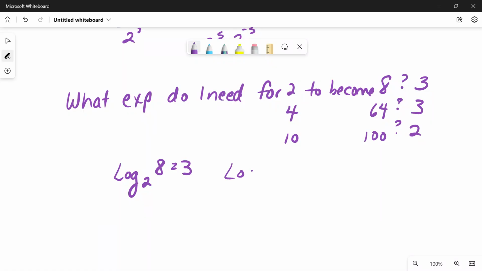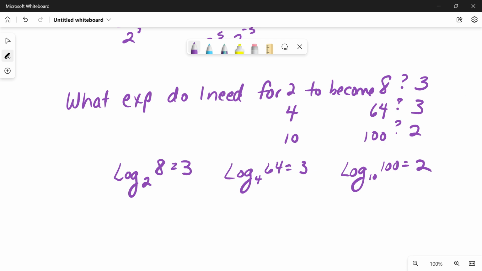The second one we would write as log base 4 of 64. What's the exponent that I would raise 4 to in order to get 64? The exponent would be 3. And then finally, log base 10 of 100 is going to be 2.